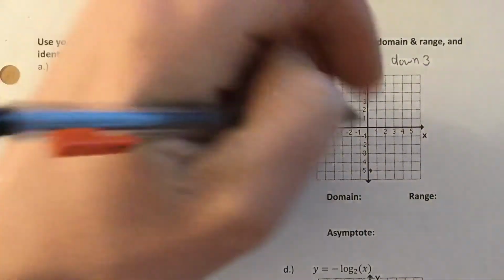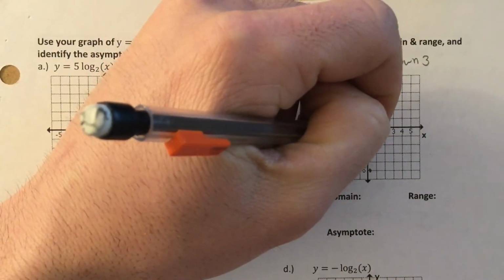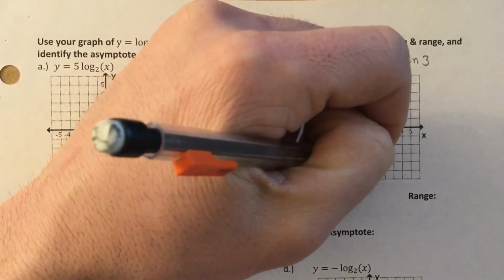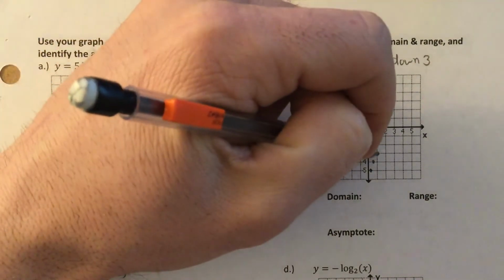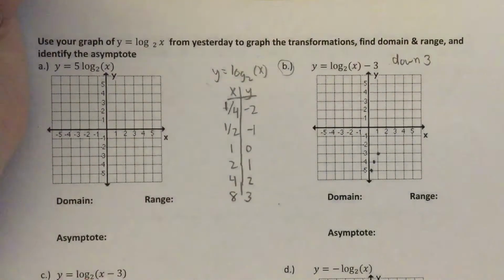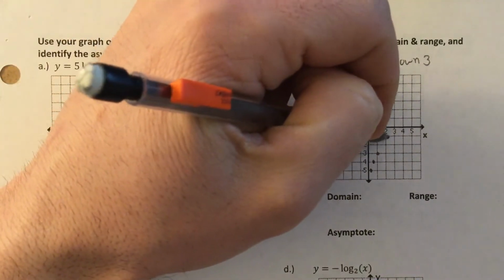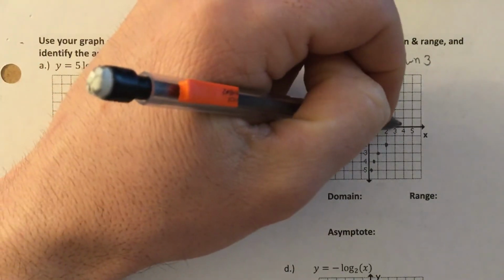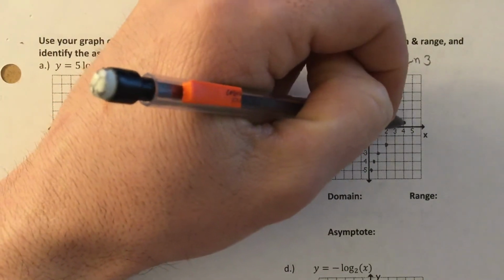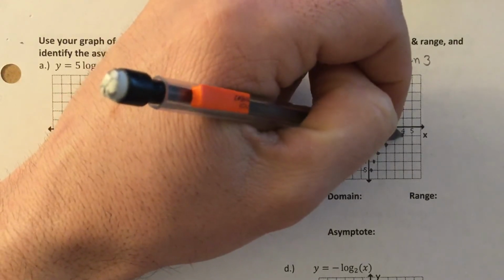My original point was 1/2, negative 1. I'm moving that down 3. My original point was 1, 0. I'm moving that down 3. My original point was 2, 1. Moving that down 3. My original point was 4, 2. Moving that down 3.